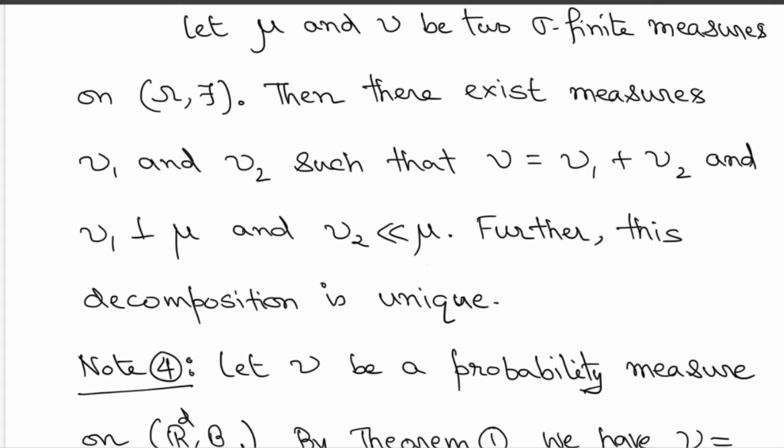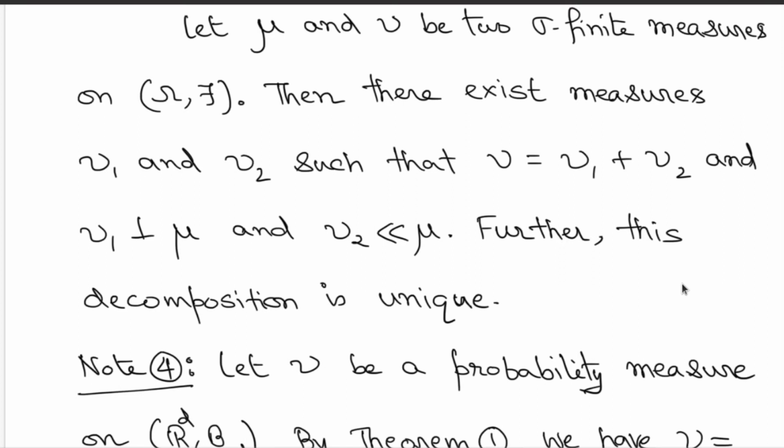Moreover, this decomposition is also unique in the following sense. If you can split the measure nu into two parts, let's say nu1 tilde plus nu2 tilde, such that nu1 tilde is mutually singular with respect to mu and nu2 tilde is absolutely continuous with respect to mu, then you can show that nu1 is nu1 tilde and nu2 is nu2 tilde.